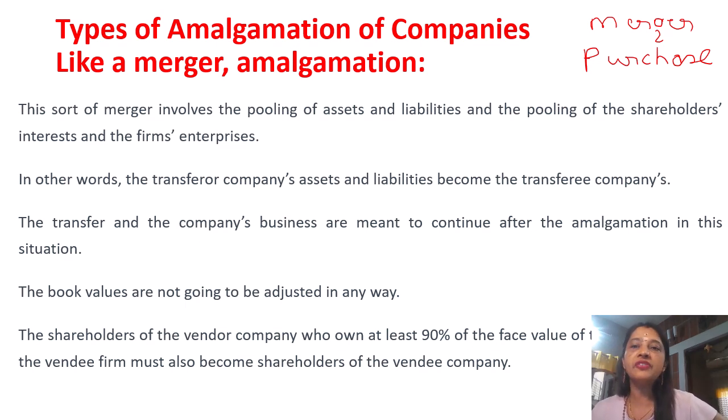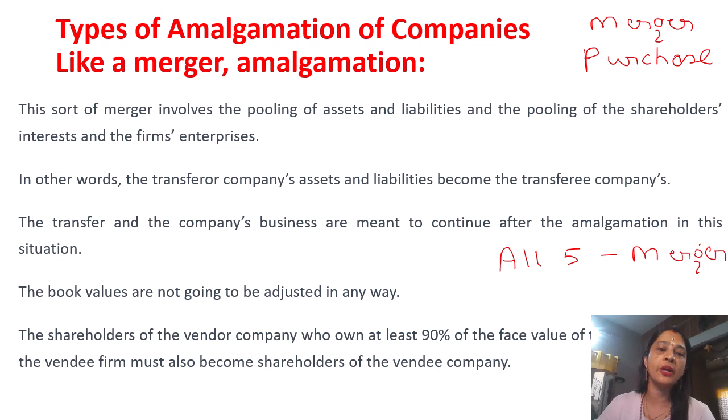Now there are 5 conditions which tell us whether it is amalgamation in the nature of merger or purchase. If all 5 conditions are satisfied, then it is called merger. Even if one of the 5 conditions is not satisfied, then it will be called amalgamation in the nature of purchase. What are those 5 conditions?